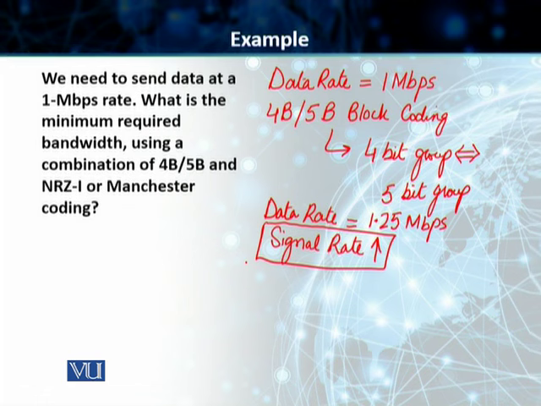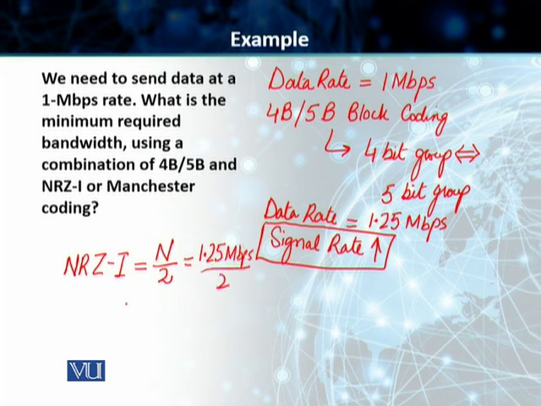Now students, इस particular case में आप ये भी देखें कि the minimum bandwidth that is required for NRZ-I, हम लोगों ने line coding schemes की discussion करते हुए study किया था that the minimum bandwidth required is half the data rate, and that is 1.25 megabits per second divided by 2, and this comes out to be 625 kilohertz.